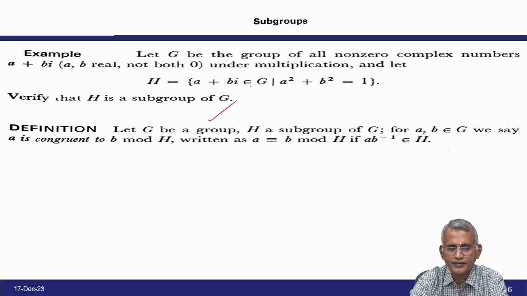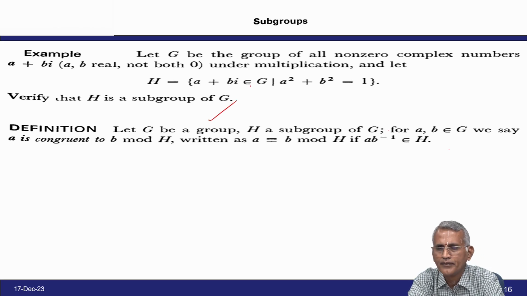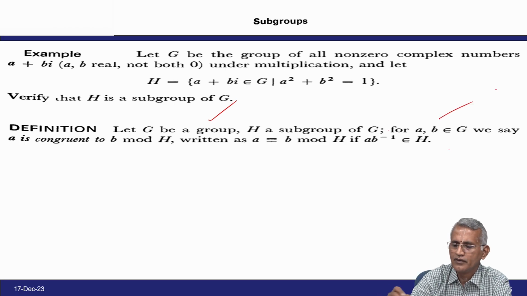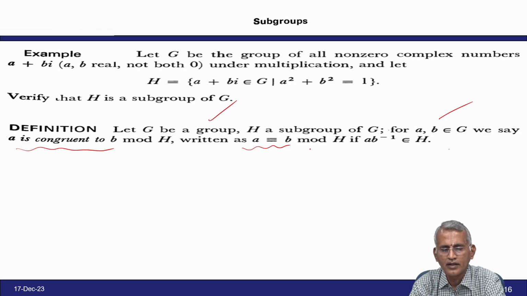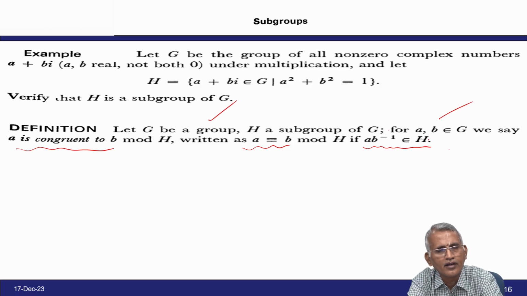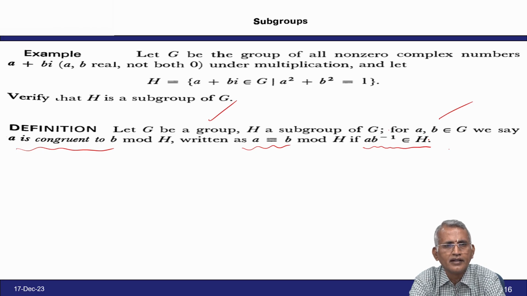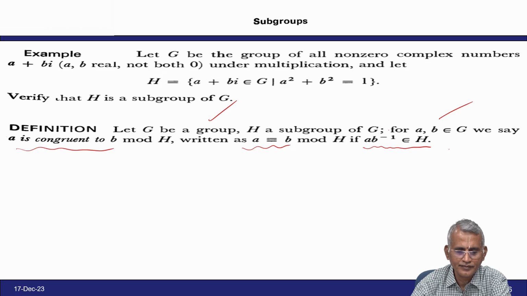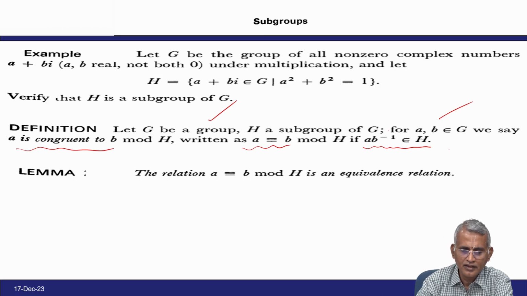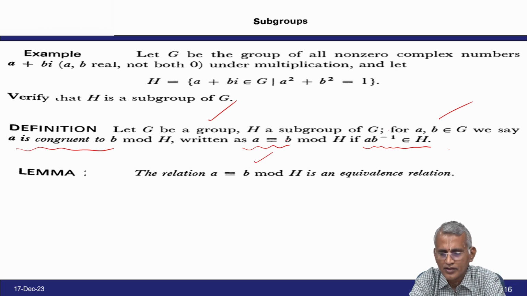Let G be a group and H a subgroup of G. For all a, b in G, we say that a is congruent to b under modulo H, or rather we can say that a into b inverse belongs to H. Already we came across this in number theory of congruences, x is congruent to y under modulo n; the same structure can be written in terms of the subgroup as a into b inverse in H.